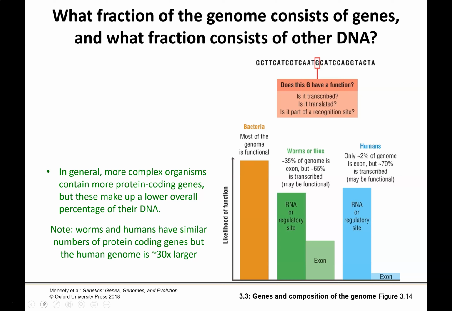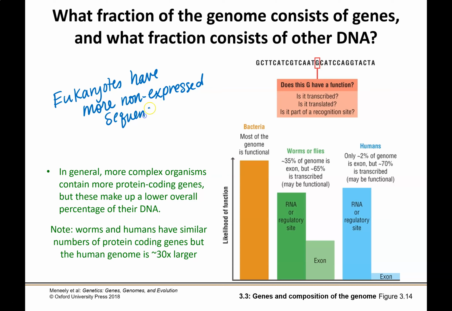So your eukaryotes have more non-expressed sequences and, to some extent, more non-coding DNA. Humans have a lot more of this non-coding section.